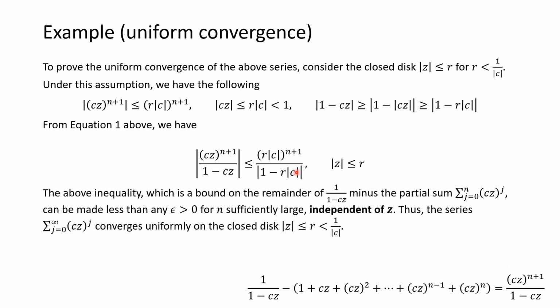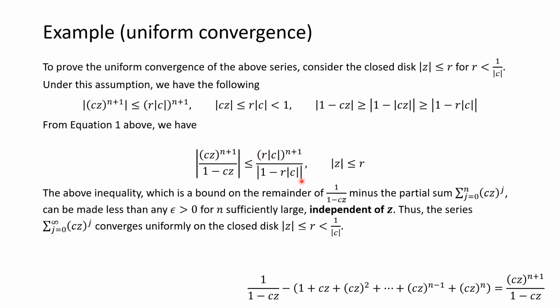And we can make this as small as we want, and therefore this eventually goes to 0, which means this term equals this term here as n goes to infinity, which is what we wanted to prove. So why can we make this as small as we want?